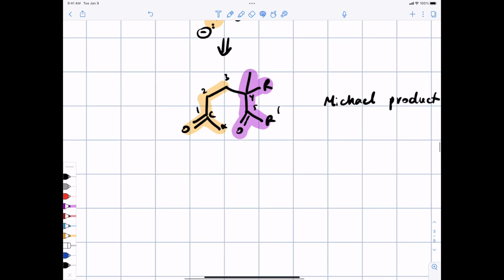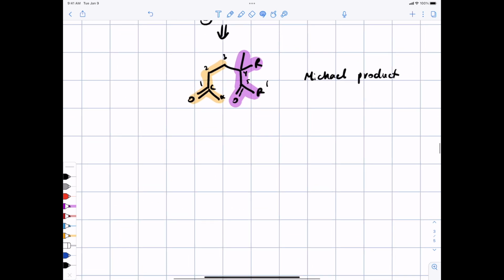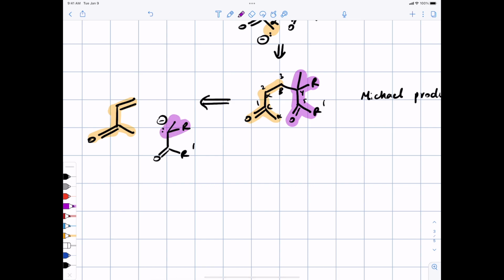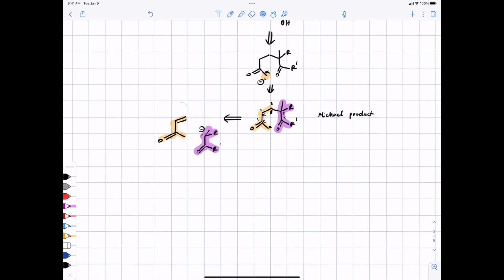Okay, so then the immediate precursor to the Michael reaction is going to be: the orange portion is going to have a pi bond between alpha and beta carbons, and the purple portion is going to have been my enolate. Already I'm done here on the left side.